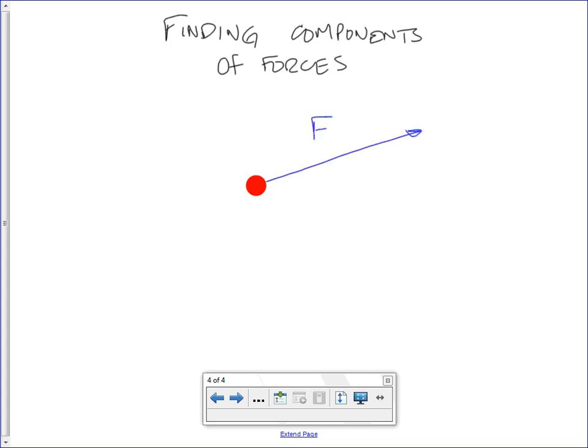Let's call it F. And let's say that it points at an angle that we'll call theta as measured with respect to the horizontal. All right. Hopefully not that surprisingly, what we'll be interested in, in lots of cases, are Fx and Fy, the x and y components of any force.